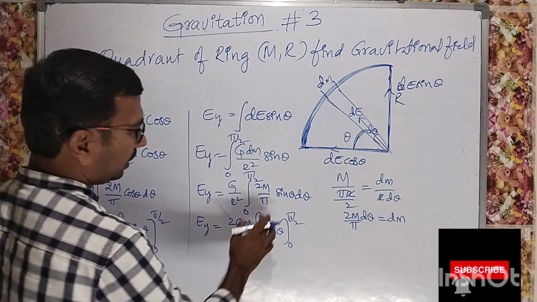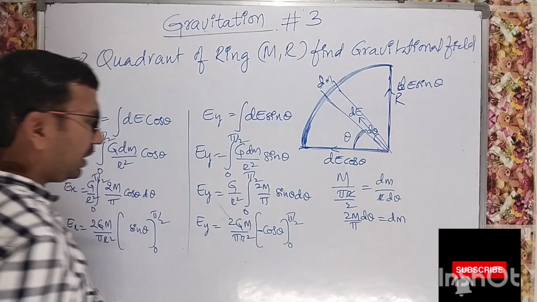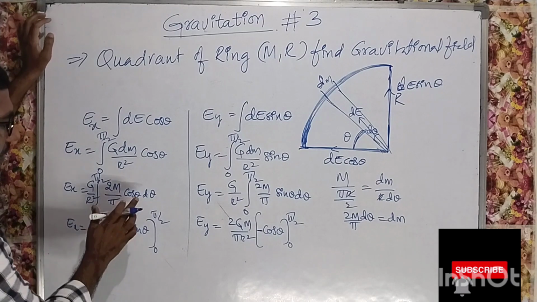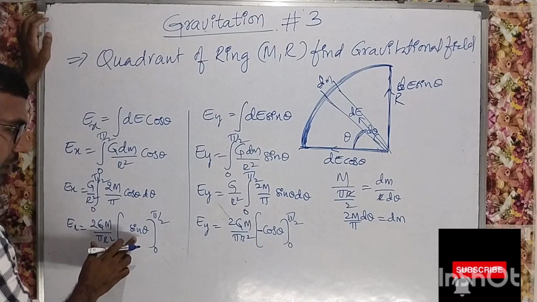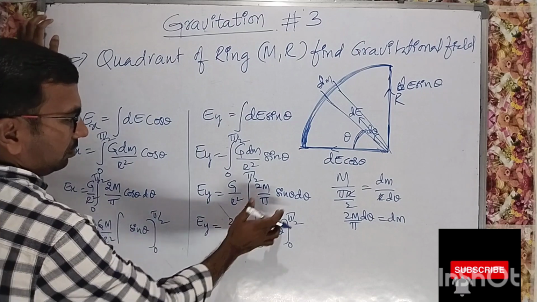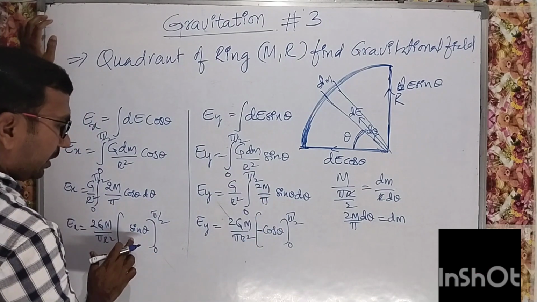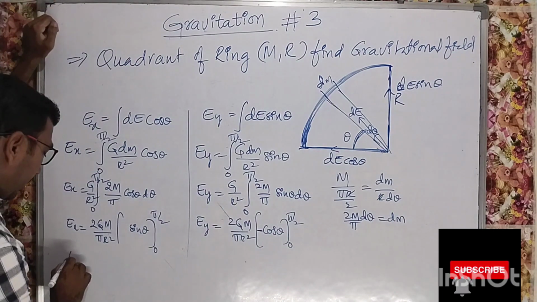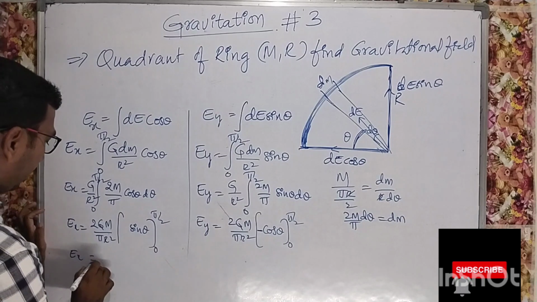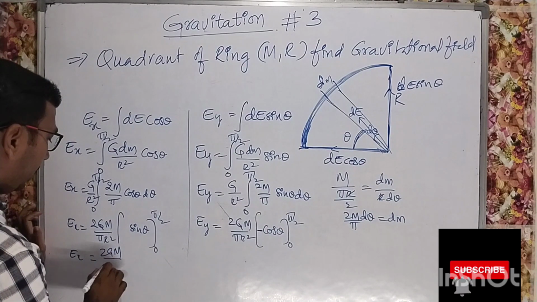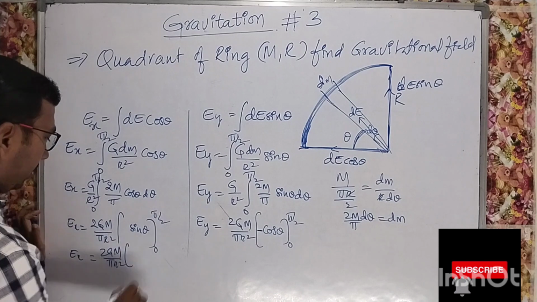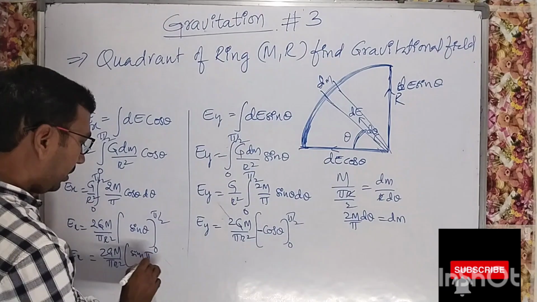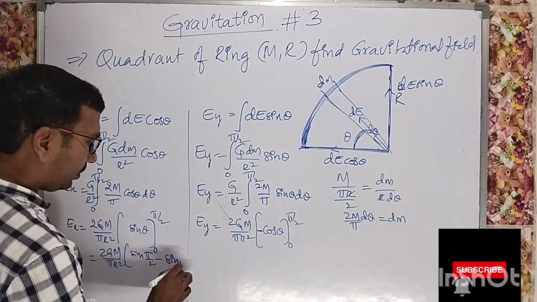Integration of cos theta is sin theta, and integration of sin theta is minus cos theta. Substitute the limits now. So Ex is equal to 2GM by pi r square times sin pi by 2 minus sin 0.